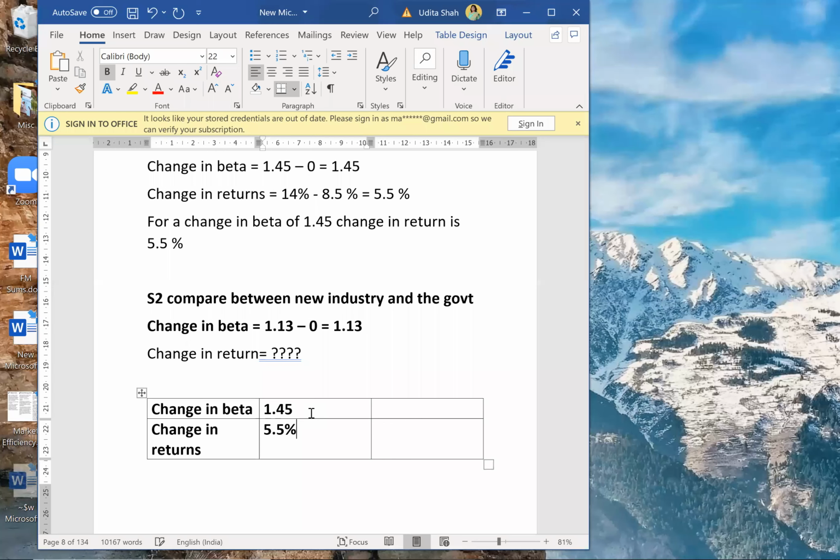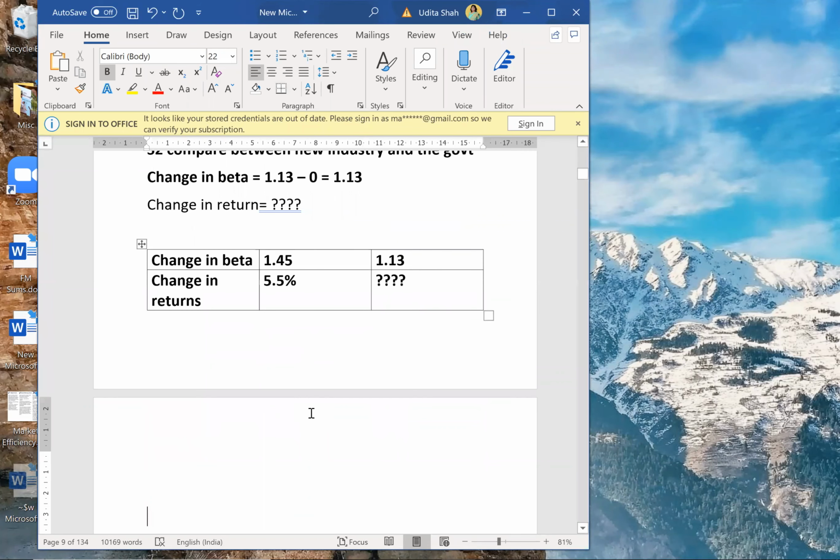You can cross multiply and find out the change in return. So change in return will be 1.13 into 5.5 divided by 1.45.